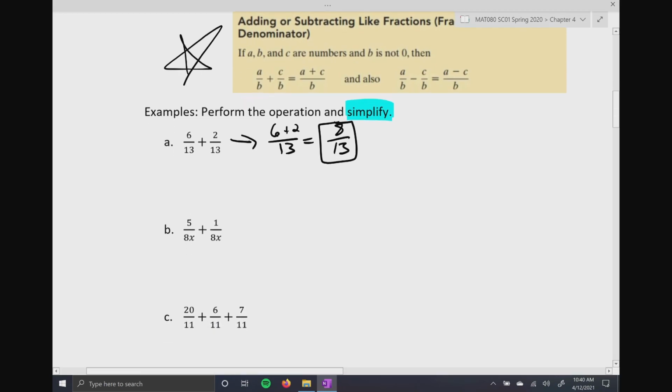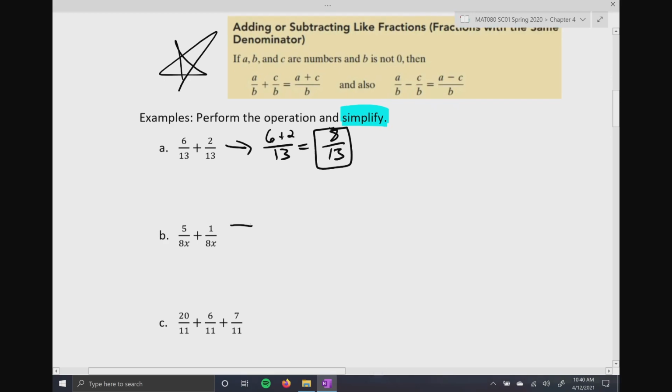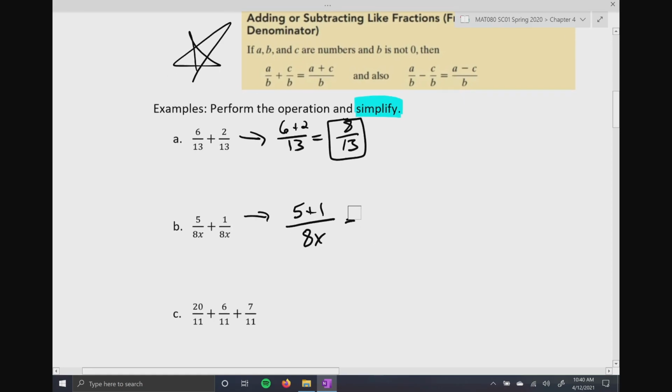All right. For letter B, 5 over 8x plus 1 over 8x. It doesn't matter about the x. I don't care about that. What I care about is that the denominators are the exact same. In this case, they are. So I write 5 plus 1 and an entire thing over 8x.